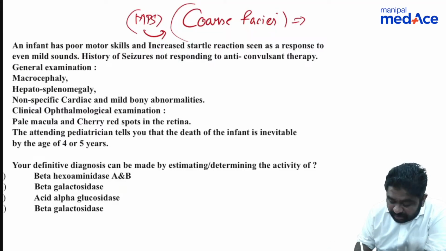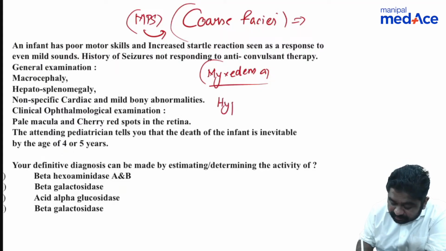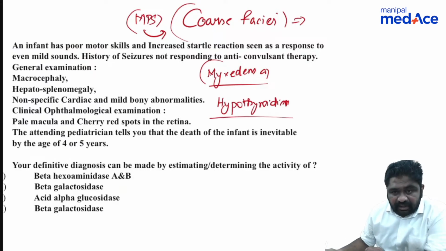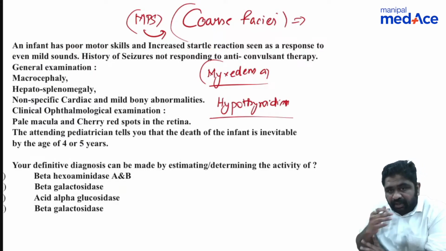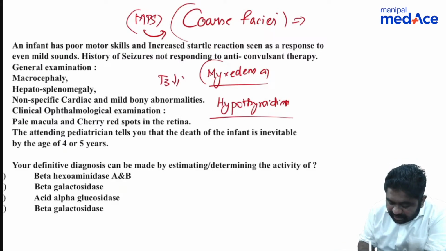The diagnosis would be myxedema. Myxedema is a property of hypothyroidism. From now onwards, there'll be seamless integration between basic sciences and clinical classes. Remember, in hypothyroidism, the T3 levels are lesser.